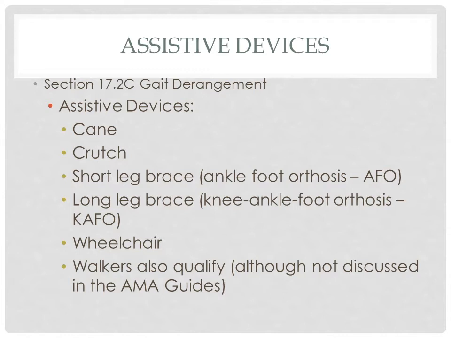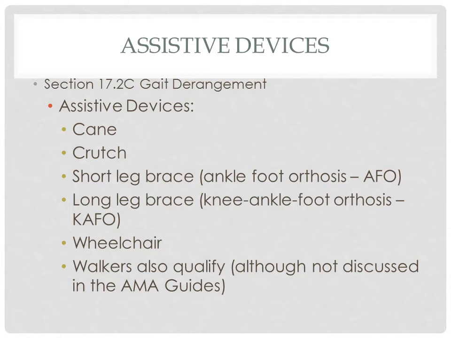Section 17.2c describes the following different types of assistive devices. It goes into canes, discusses crutches, discusses short leg braces, also known as the AFOs, discusses long leg braces, known as the KAFOs, and discusses wheelchairs.